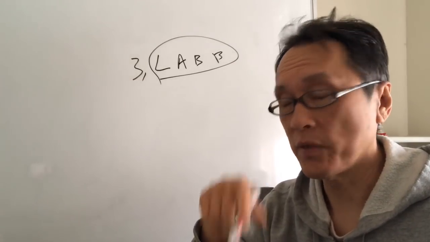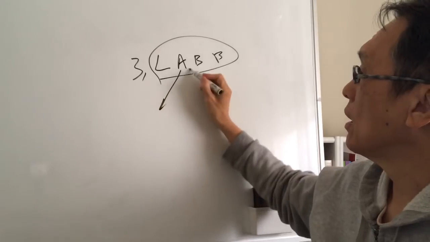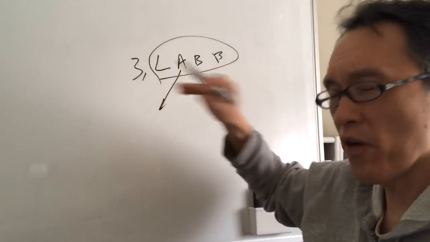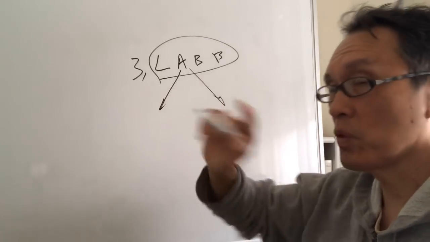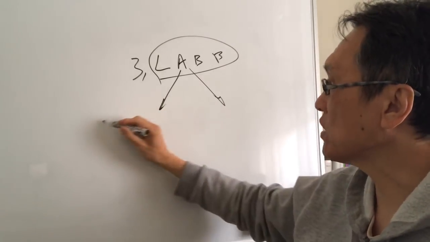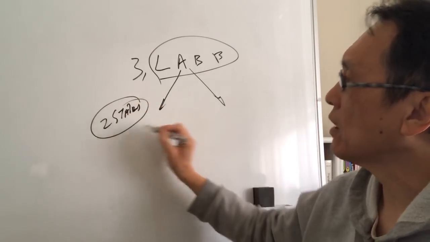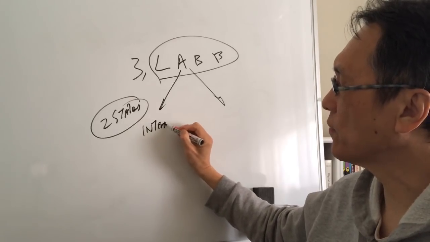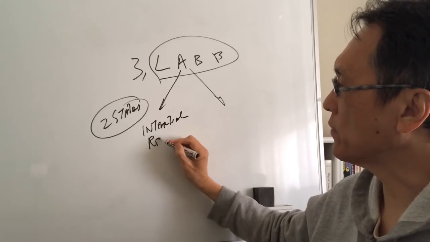Now, this lower abs breathing, the very basic of the lower abs breathing, has two states. The first state is called intentional regulating.